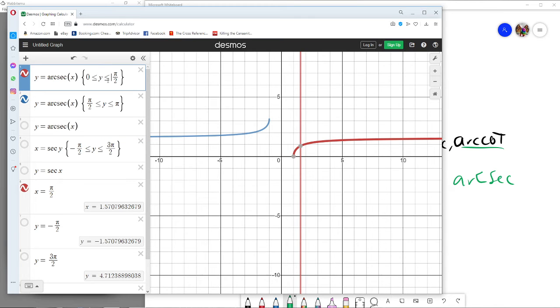And actually we cannot include the pi over 2. So that is actually going to be our new range.